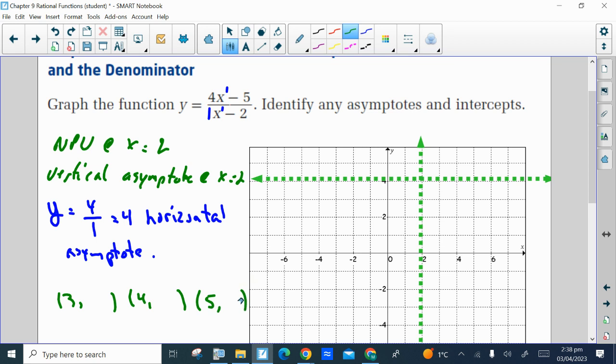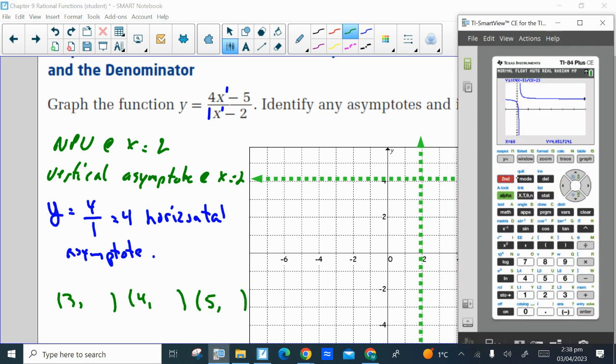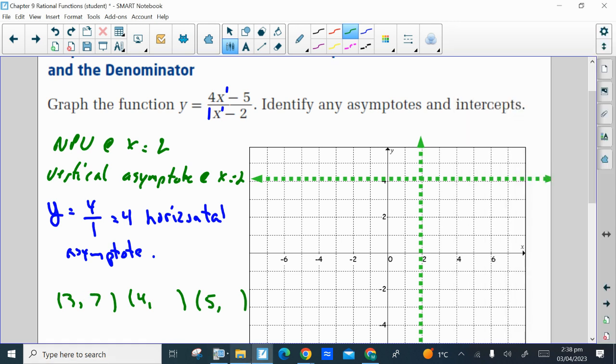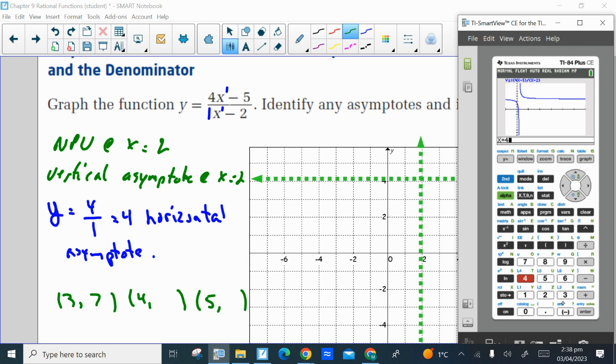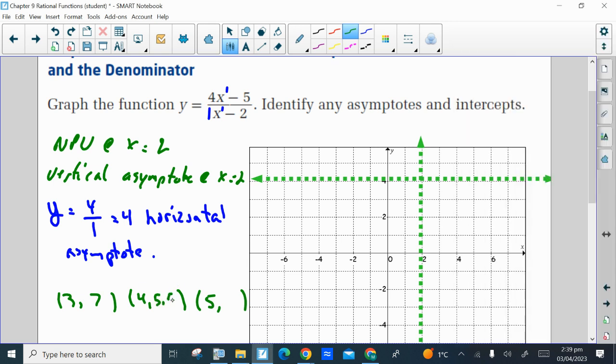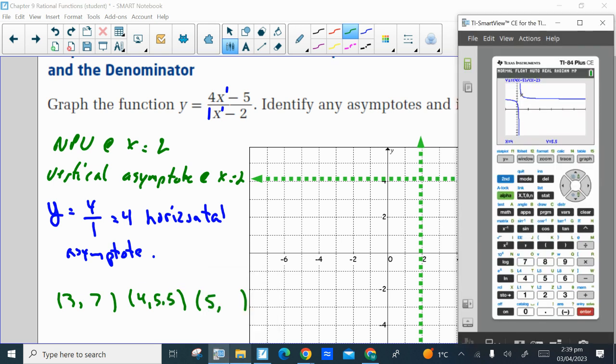And we can just sub those into the equation. And maybe, because we've already got the graph, we can use our trace mode. Let x equal 3, y equals 7. Let x equal 4, y equals 5.5. And let x equal 5, y equals 5.